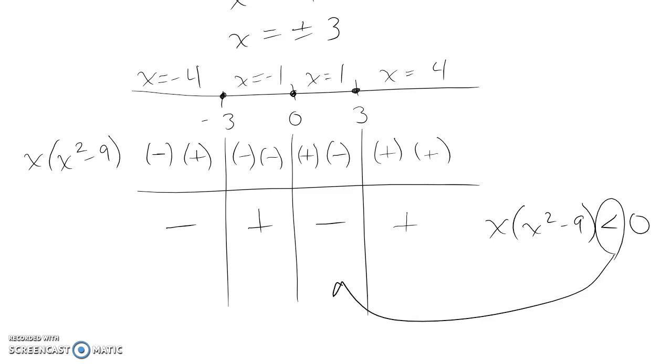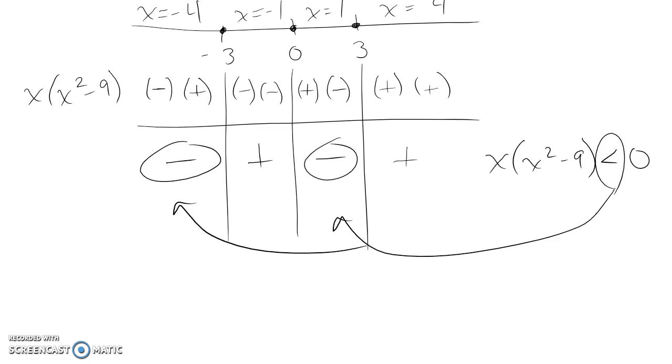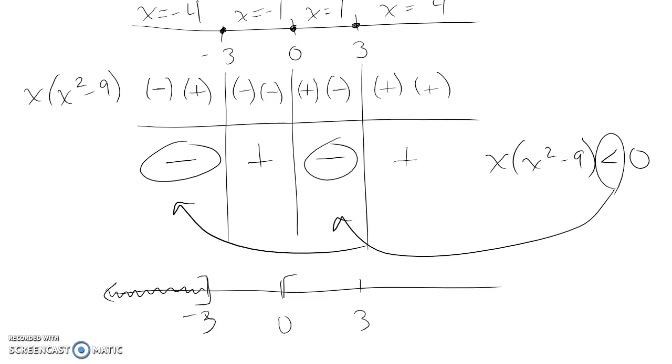That equates to negative. Okay, so if I look at a number line to draw my solution set, negative 3, 0, 3, I know that from negative infinity to negative 3, I'm going to include it, right? And from 0 to 3, including both of those, that's where our function is less than or equal to 0.